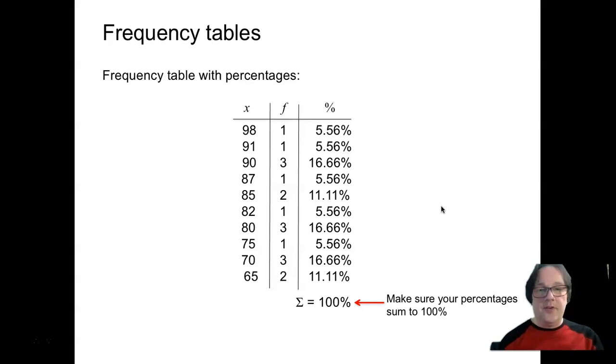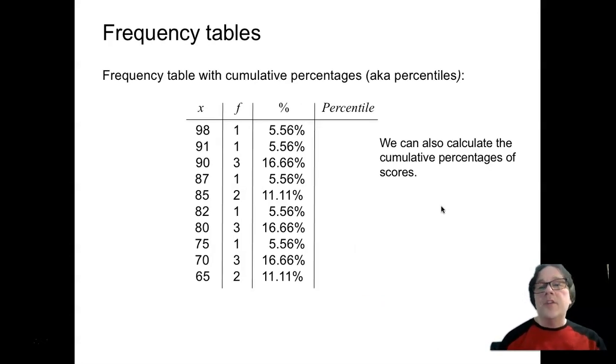Because of rounding errors. Okay, so we could take this a step further and we can create a frequency table with cumulative percentages. And cumulative percentages are also known as percentiles.